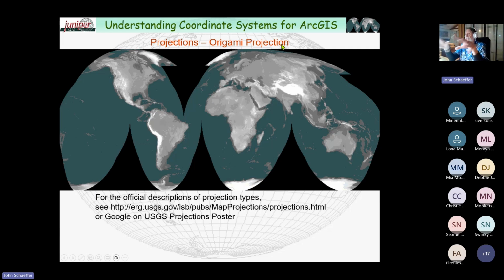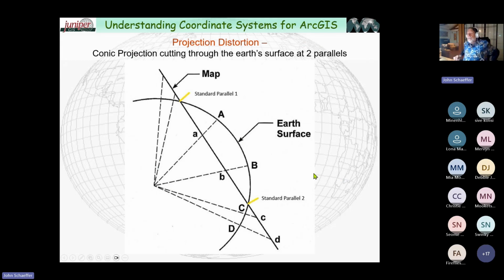Well, this is actually a joke. There's no origami projection. But the point is, any way that you can conceptually wrap a piece of paper around the globe, even if you have to cut the paper and then lay it flat, can be a method used for projections. Okay, let's get into a little bit of the distortion for projections.